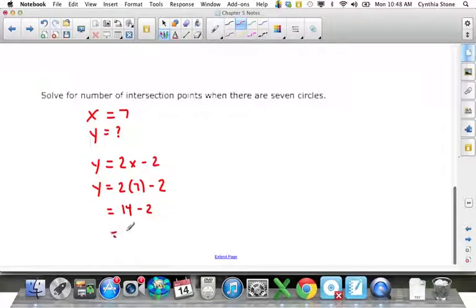And so what this means, and you could draw it to verify it, but it's saying solve for the number of intersection points. So if I had 7 circles in a row, how many intersection points would there be? And you can go ahead and do that right here if you want to. You could go ahead and draw 7 circles and count. That would be another way of doing it. But the great thing about math is there's always easier ways. And that's what we've done here. We've used the equation, the relationship.